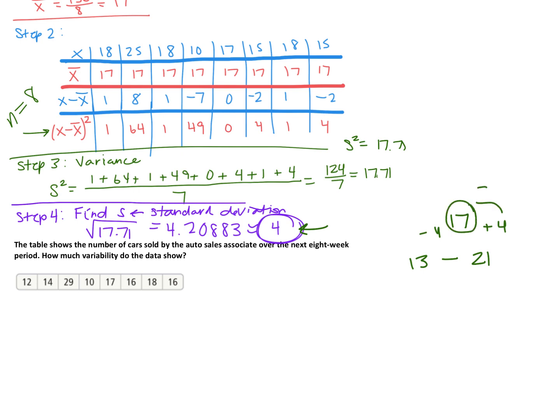Remember, that's 34.1% of the data on each side, and the data is cars. Cars are within 1 standard deviation of the mean. So if we do that math, we can expect that 68% of the time, the sales associate will sell between 13 and 21 cars.